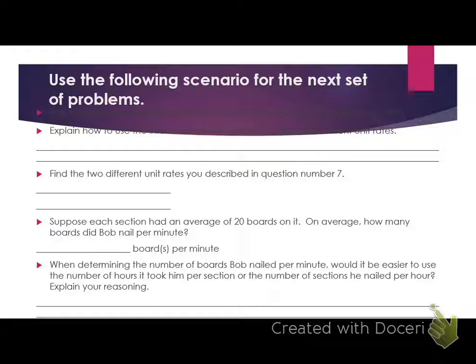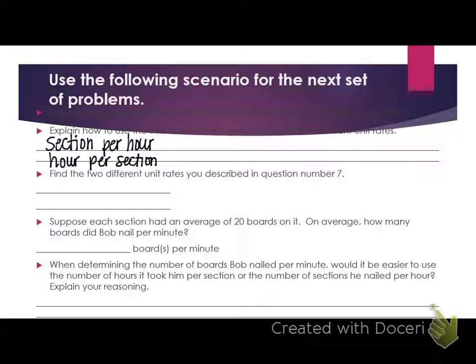So we could find the amount of sections he nailed per hour, or we could find the amount of hours it would take to nail each section. We then want to find out what the two different unit rates are.